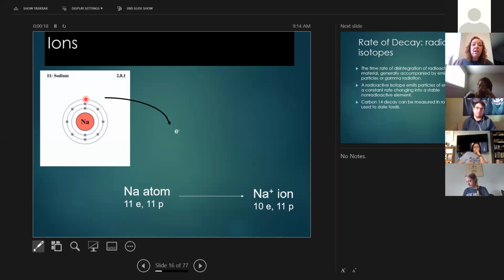And we always want to use the method that's going to take the least amount of energy. So it's going to be a lot easier for us to just flick that electron off. That's going to give sodium a slightly positive charge, right? If electrons are negative and I get rid of something negative, I become positive or more positive.